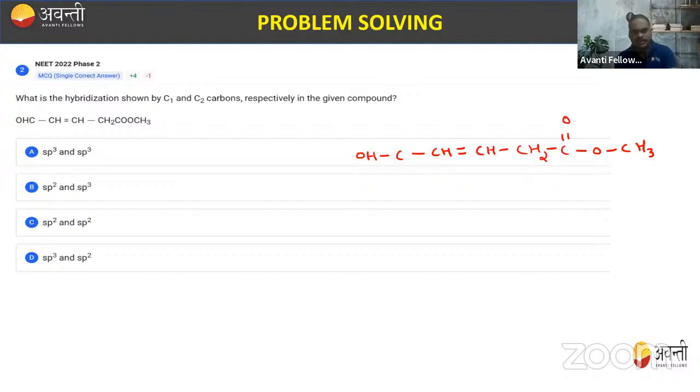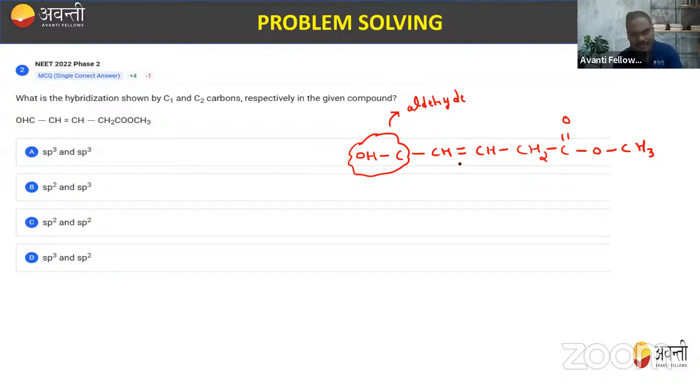So we know that while IUPAC naming, we need the priority group, because here we have three groups. We have a CHO group, that is an aldehyde group.